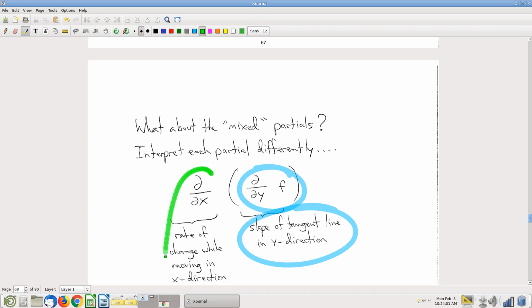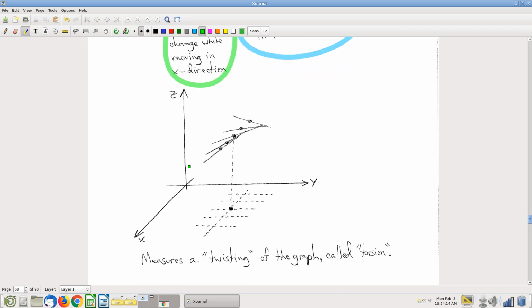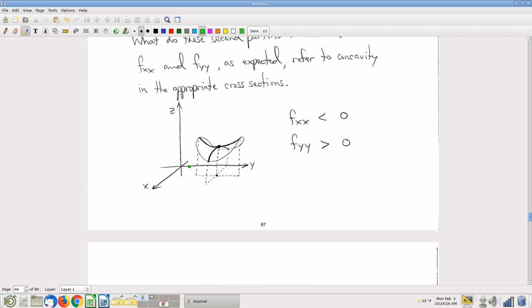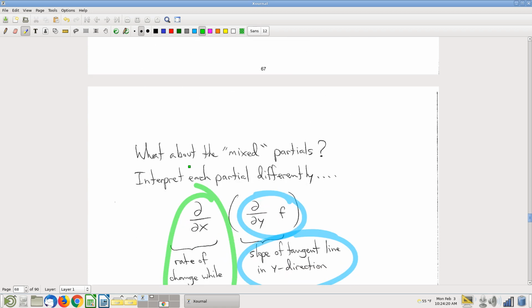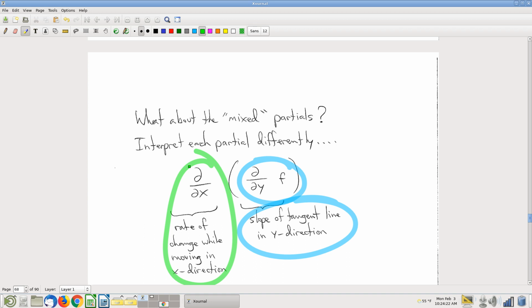This x derivative, I'm not going to think of it as a slope. Mostly because the thing that I'm taking the x partial of, I'm not looking at a graph of it, right? What I'm looking at when I have a graph of a function of two variables is a graph of f. I'm not looking at a graph of the y partial of f. Viewing it as a slope would not be helpful.